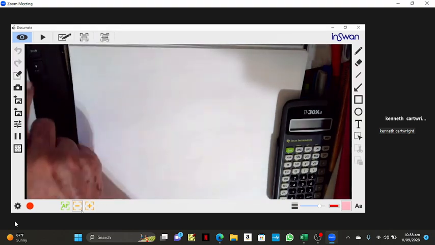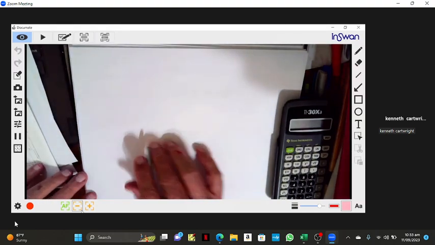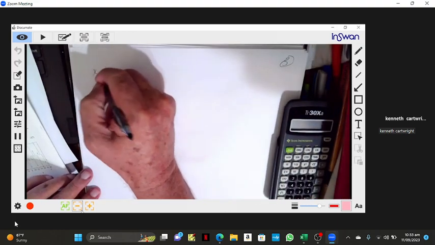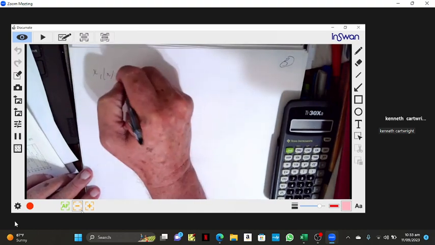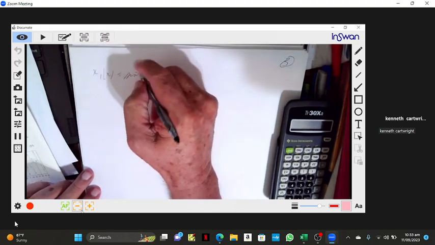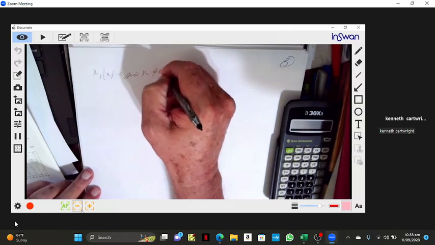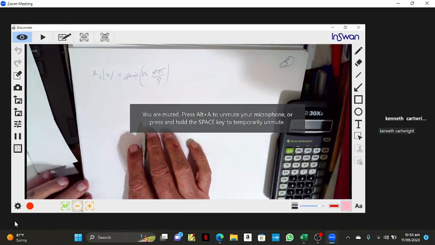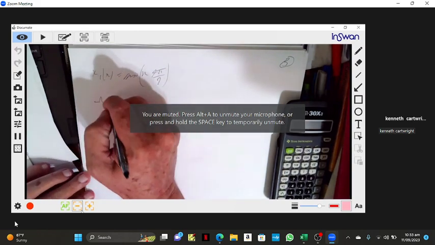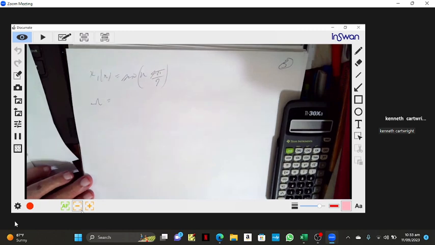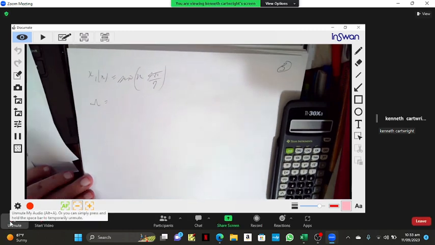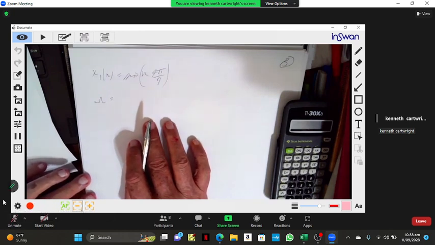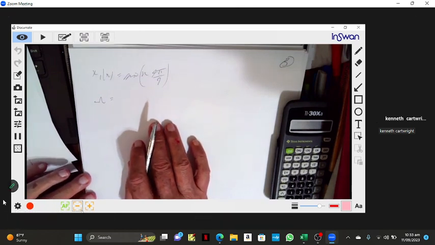We had x1 of n, the sine wave on the left, with sine of 4 pi over 7 n. So what's the digital frequency? What's omega equal to?